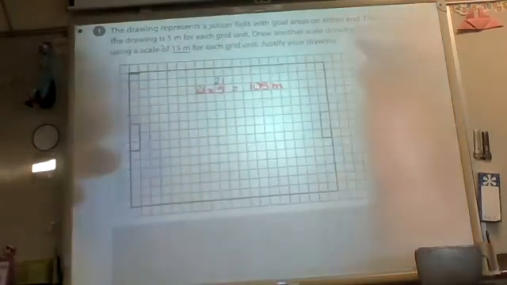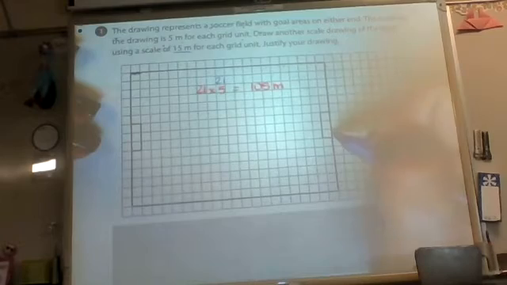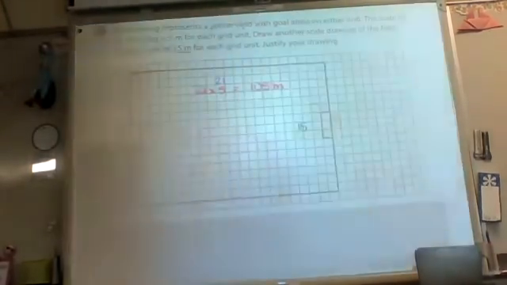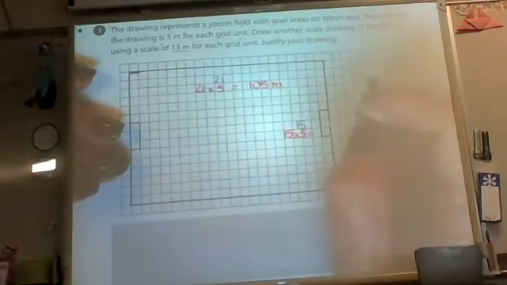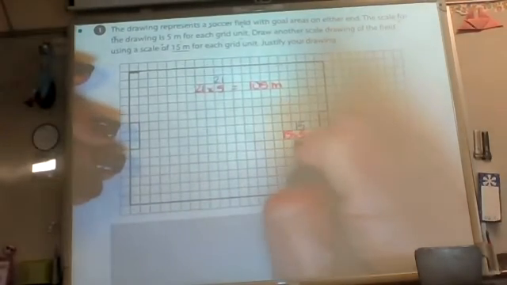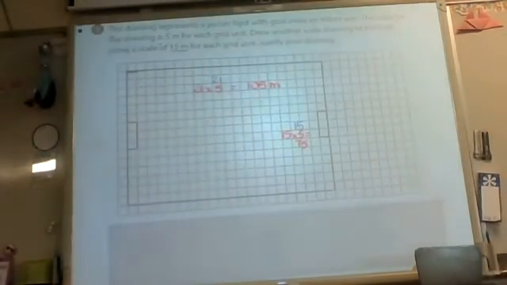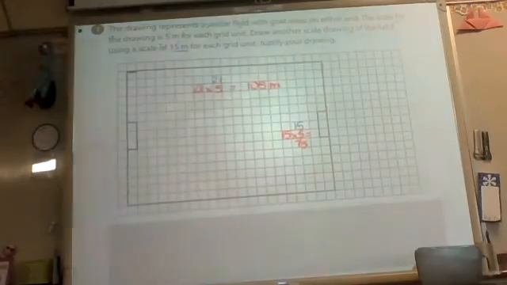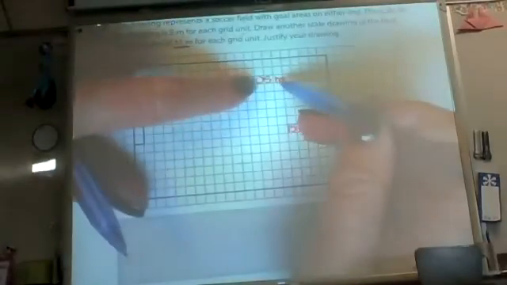Let's do this one. This is 1, 2, 3, 4, 5, 6, 7, 8, 9, 10, 11, 12, 13, 14, 15. So to find the actual distance, it would be 15 times 5, which is 75. But now they say, wait a minute. We want to make a new drawing where for every 15 meters on the actual is only 1 on the new drawing.